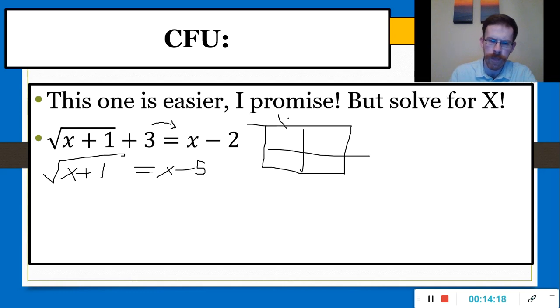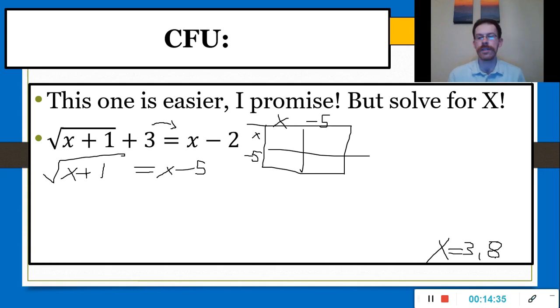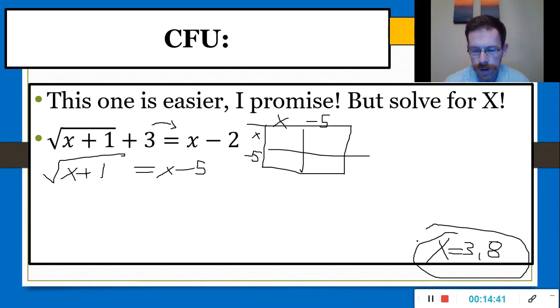Multiply the 2, x minus 5, and x minus 5. Ladies and gentlemen, the answer that you should get at the end is x is equal to 3 and x is equal to 8. Now, ladies and gentlemen, take the time, work on this problem, go back and rewind the video to figure out exactly, alright, I need to do this step, then this step, then this step, and you'll have it.